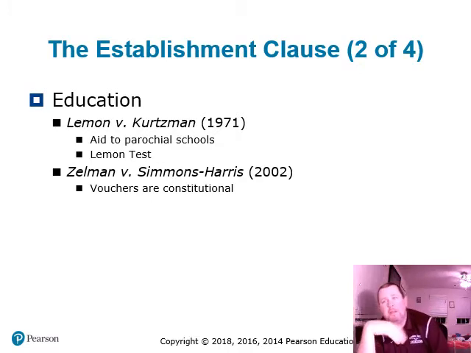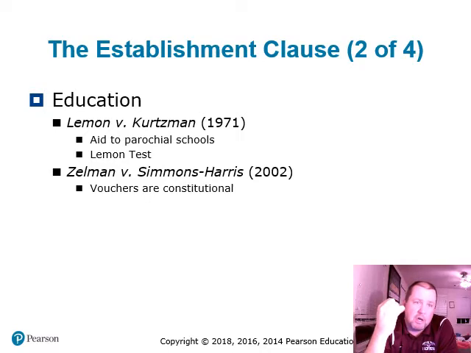And so the basic concept behind the three-pronged approach is, are we promoting or advocating for a specific religion? Then, are we doing that at the expense of other religions? And then third, is there excessive entanglement between religion and government in this instance?